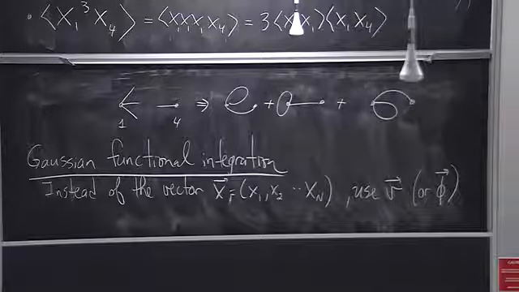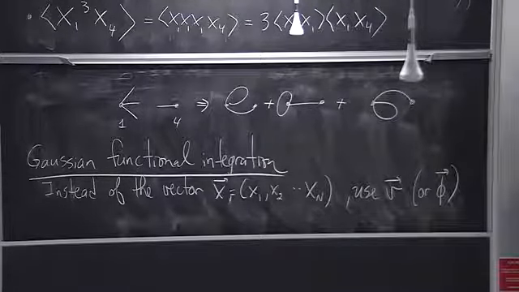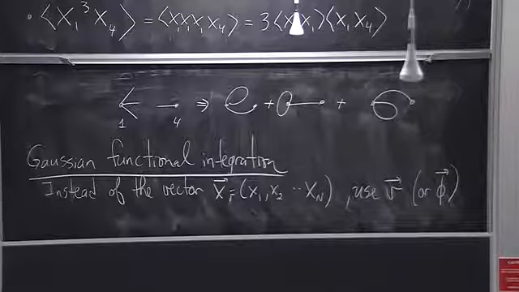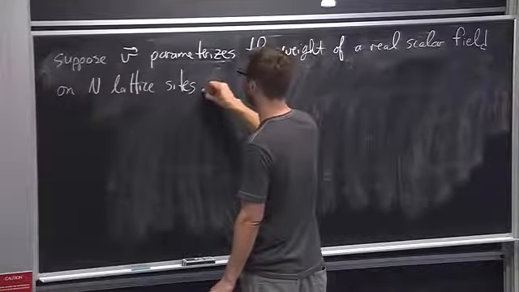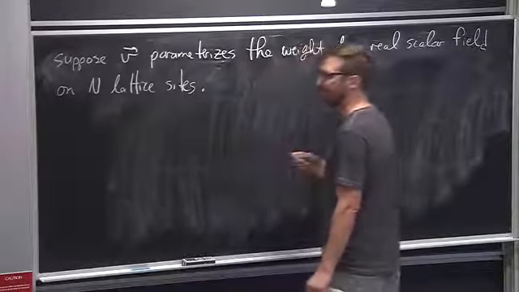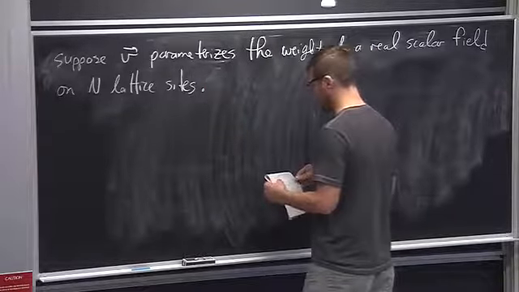So this variable is going to mean something. It's going to be the value of the field. I don't know why I'm not using phi. Just to be confusing. If it's a scalar field on n lattice sites, then everything's exactly the same as I just did it. But then I can take the continuum limit and just call this whole thing v of x.